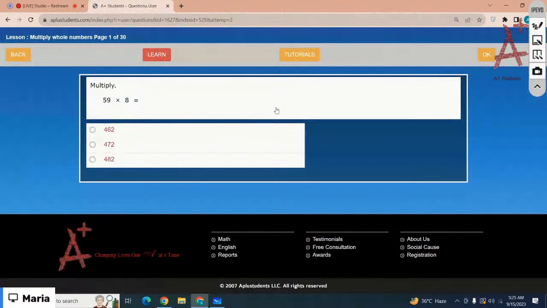Okay, you have to do 59 times 8. So just do it in your notebook and let me know the answer, which is the correct option. 59 times 8 is... Just multiply and write the answer.